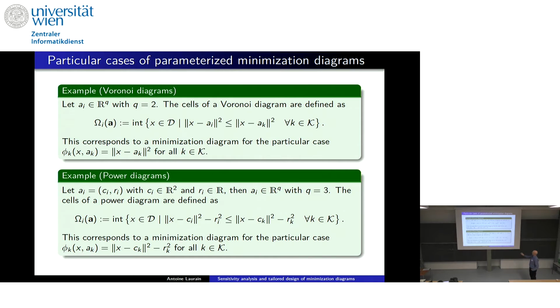So here it's like a more general Voronoi diagram. You have this extra term here, this R_i squared. And then A_i is C_i, which is the position here, plus R_i. I'm not sure if the R_i has a geometrical meaning, but the C_i is like in the Voronoi diagrams, okay? And this is also a particular case of minimization diagram with this type of functions.